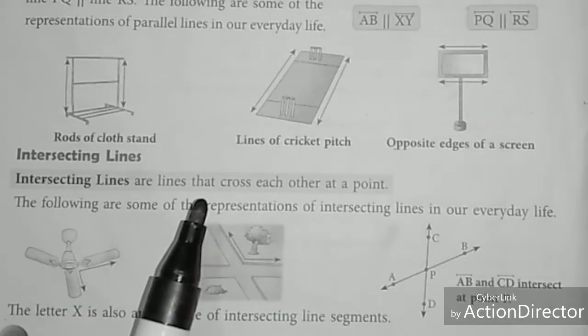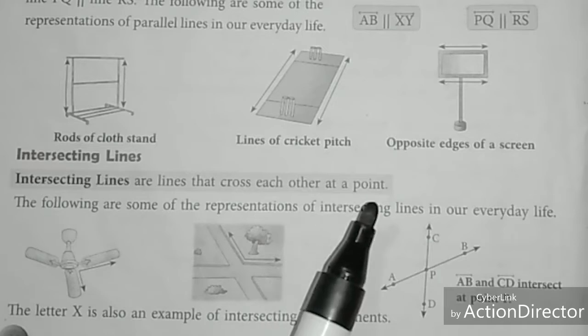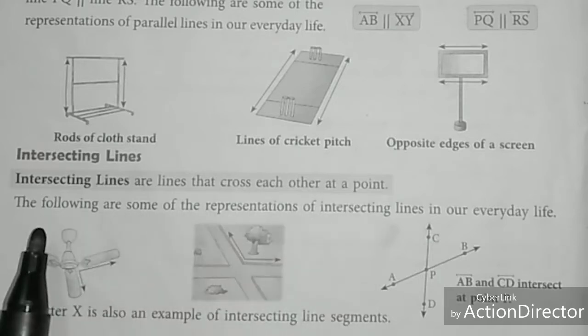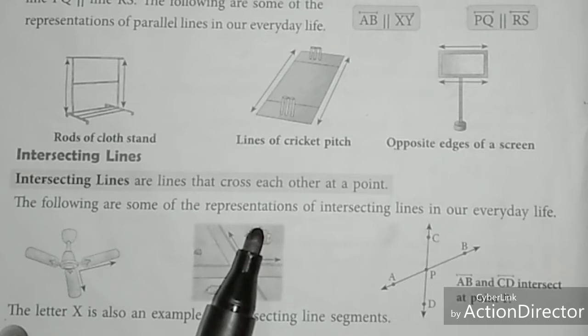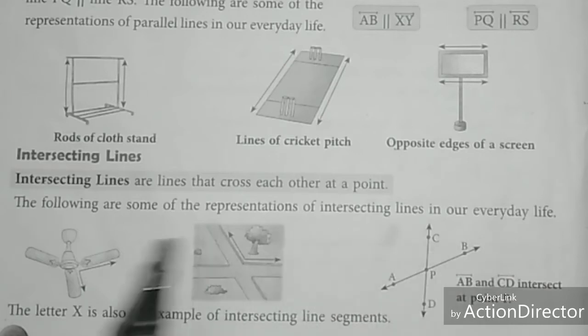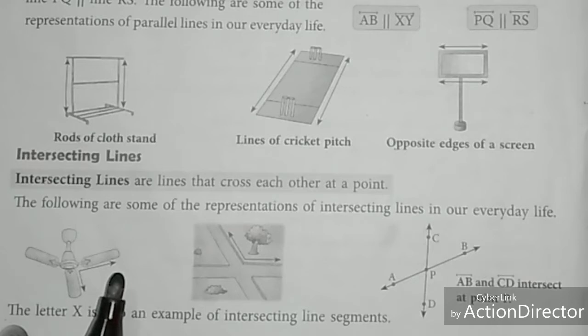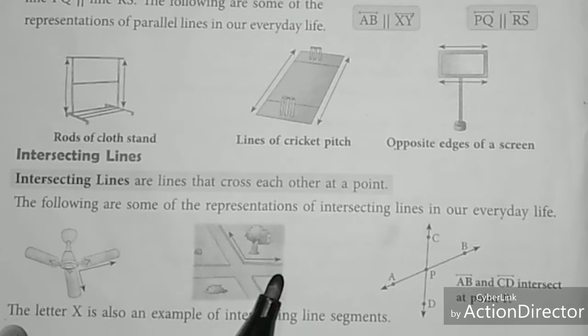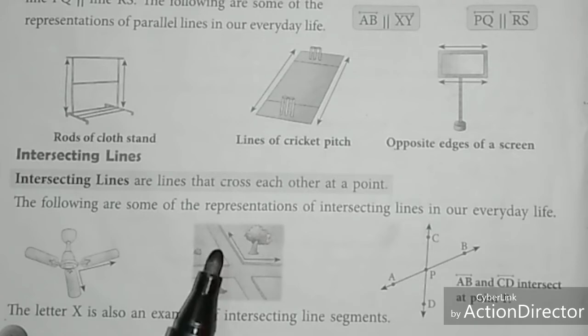Intersecting lines are lines that cross each other at a point. The following are some representations of intersecting lines in our everyday life. Example: this fan, where these lines intersect at this point. These two roads cross each other, and these types of lines are known as intersecting lines.